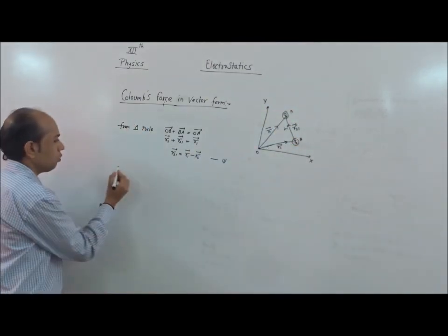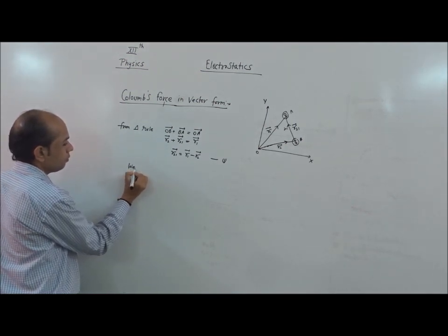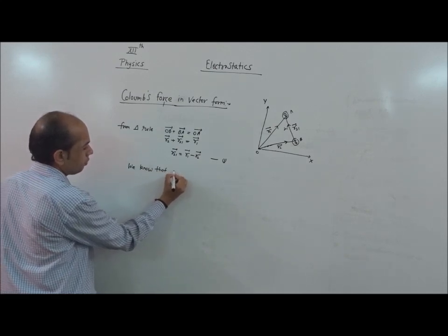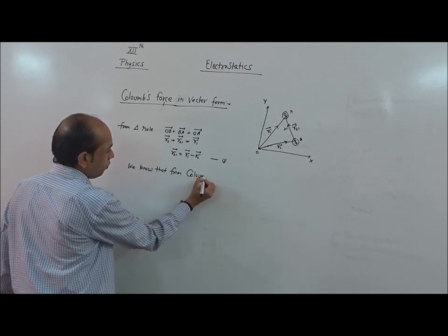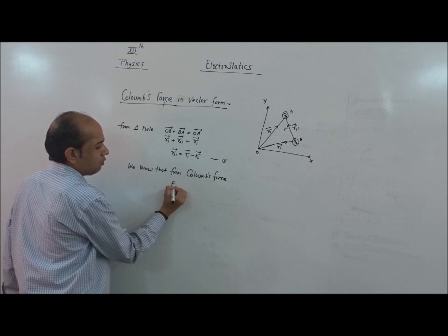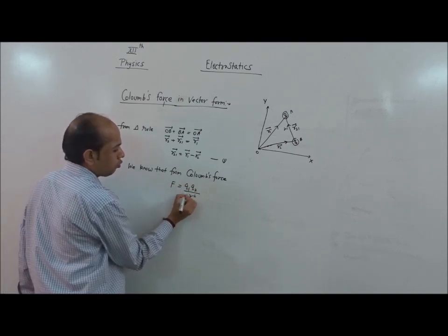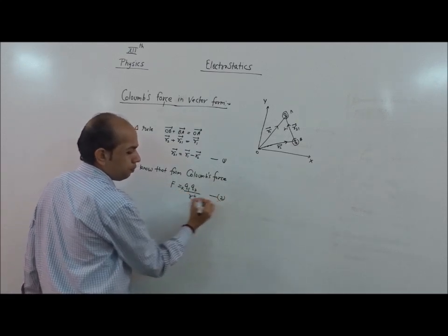Now we write the Coulomb's force: F equals K Q1 Q2 upon R square, equation number 2.